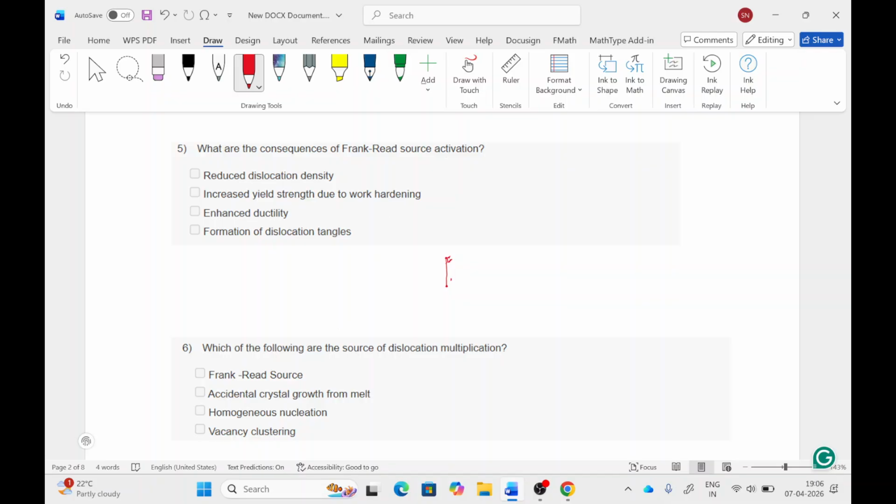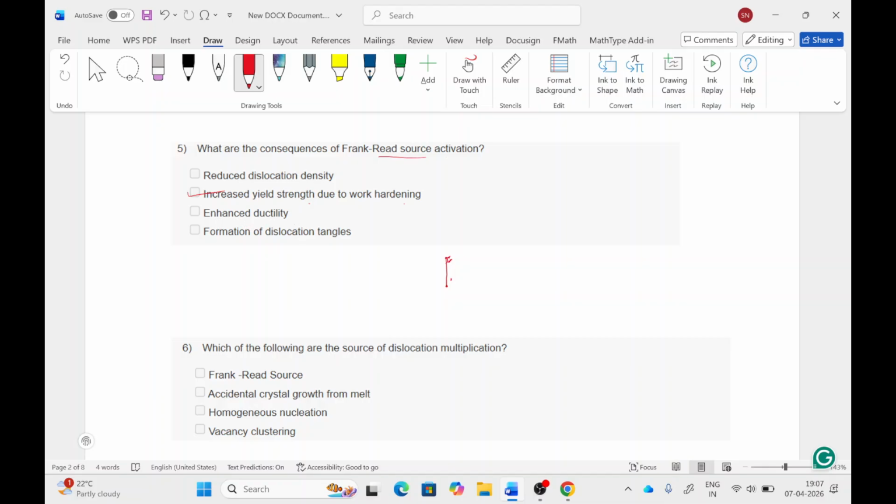So how are the dislocation loops and dislocation density generated? In Frank-Read source activation, dislocation density is increasing. So an increase in dislocation density will increase the yield strength due to work hardening. So second option is correct for this.